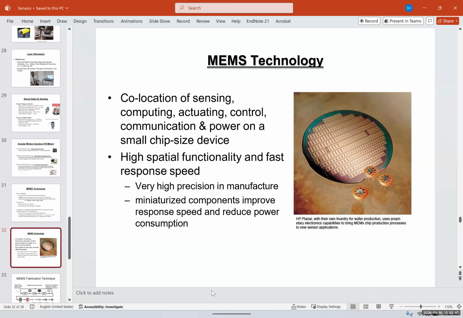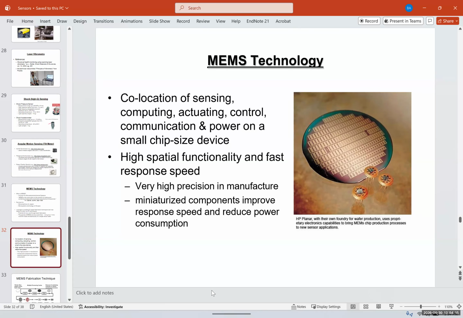So co-location of sensing, computing, actuating, control, communication, and power on a small chip-sized device. The good thing about this, we can directly put the sensor on the processor. So it could be integrated inside an IC. Instead of having the sensor separate and you have to have a power source for that, communication, algorithm, amplifier, you can directly put it inside the IC.